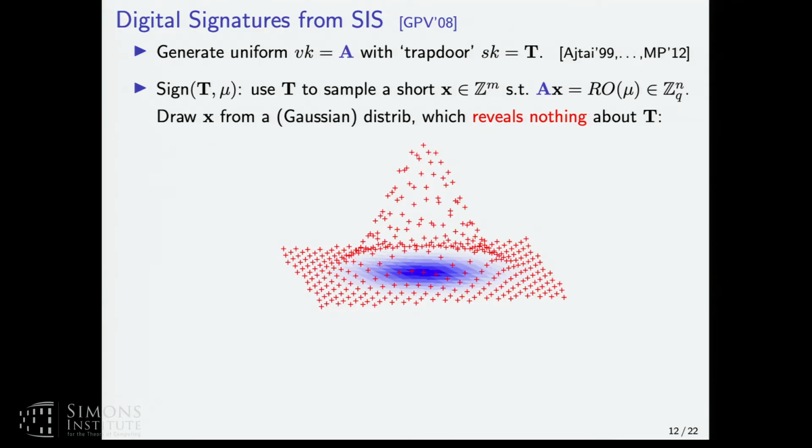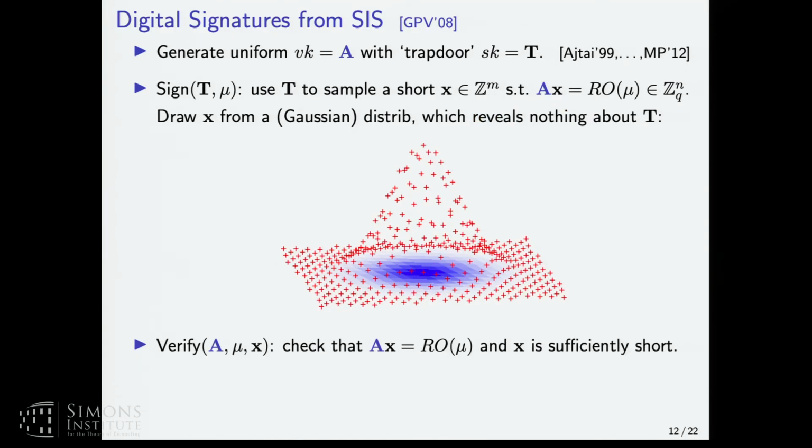And we're going to randomly choose one according to a Gaussian distribution. So all of these represent the various solutions. We're going to choose one from this distribution here, which is Gaussian shaped. But it's only over the solutions X to that equation. And what's important is that this distribution is kind of independent or oblivious to the shape of T. So it reveals no information about T. It's just a Gaussian distribution.